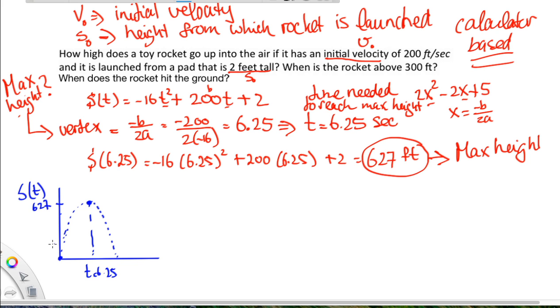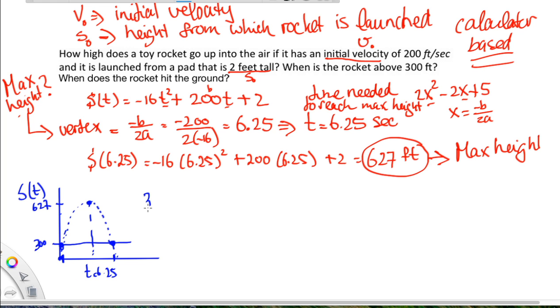So now they're asking me, what t do I get? The t that I want is the t that is from here to there. Well, that's a quadratic that you can solve.